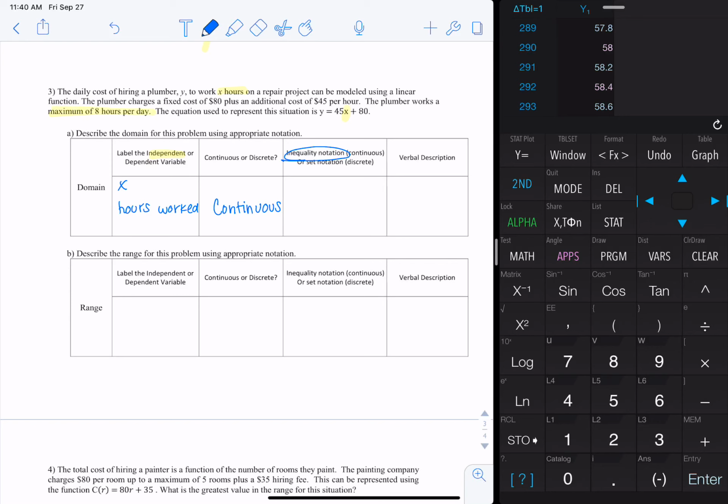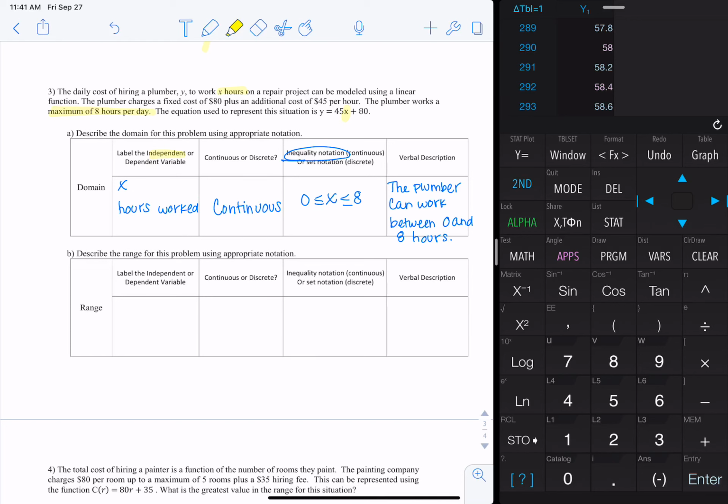So the plumber can choose to work between 0 and 8 hours any day. So our description is the plumber can work between 0 and 8 hours. All right.